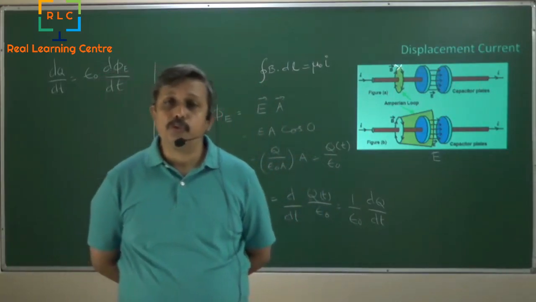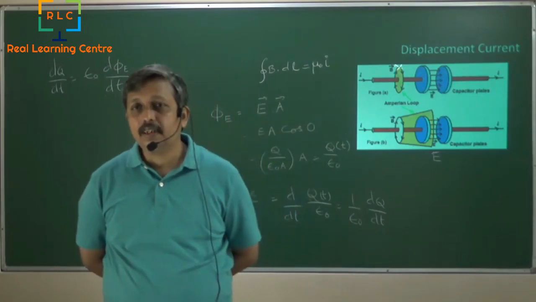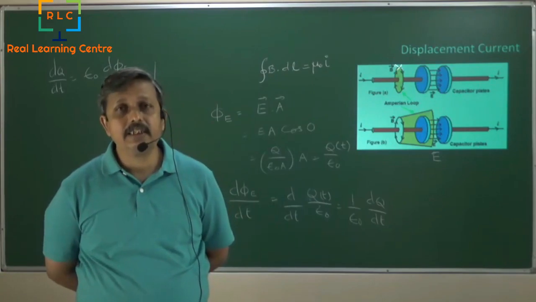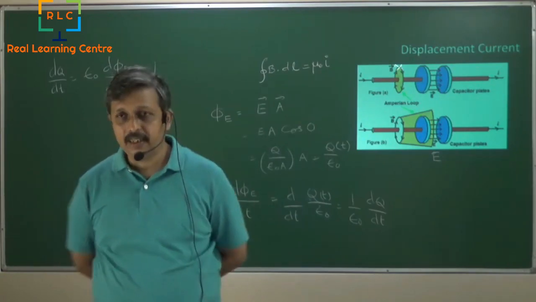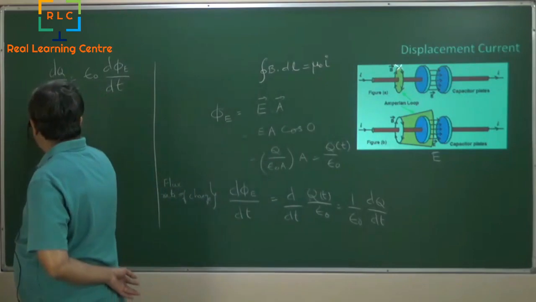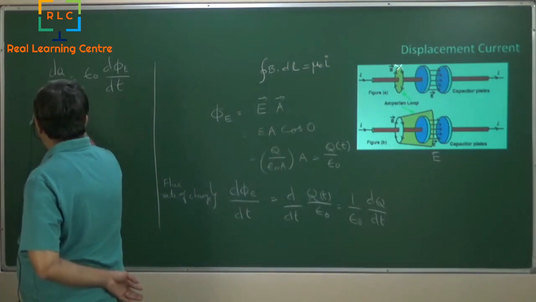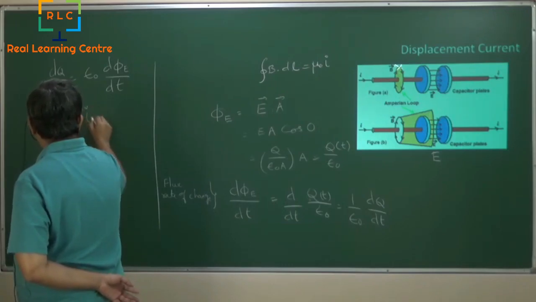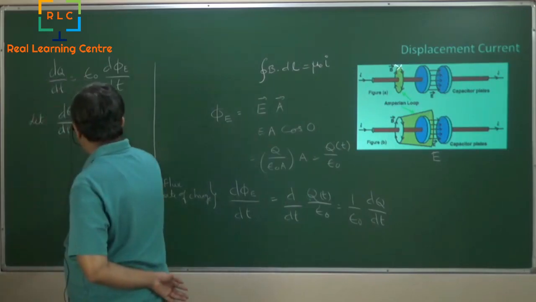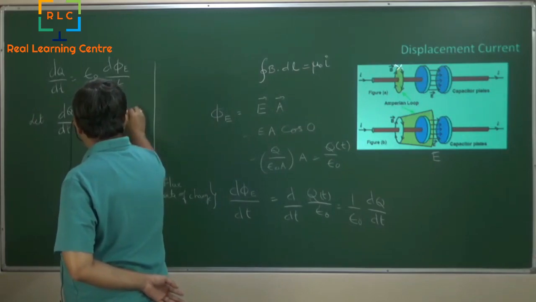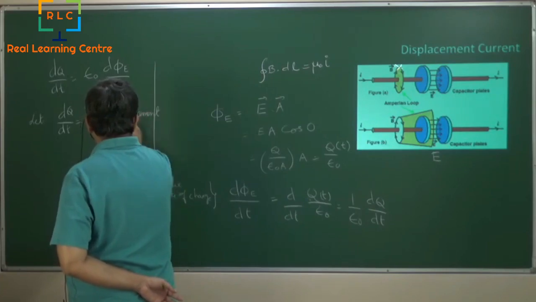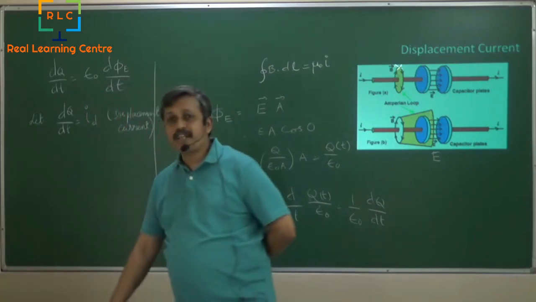So what we are going to do here is we will call this dQ by dt as displacement current. So we will name it as, let dQ by dt is equal to I d, which is called displacement current. Now, is it an appropriate term?